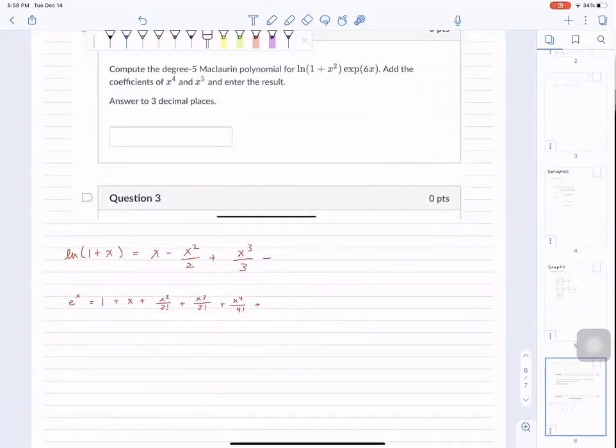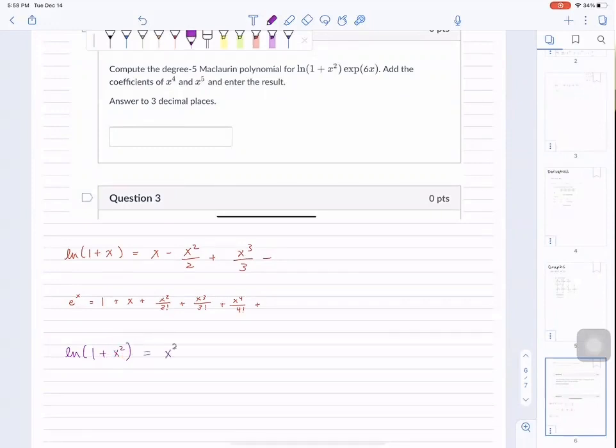Before we even multiply anything out, first we need to know the Maclaurin series for natural log of 1 plus x squared. We know what it is for x. The only difference now is we have x squared. That means wherever we see an x, we're going to replace it with x squared instead.